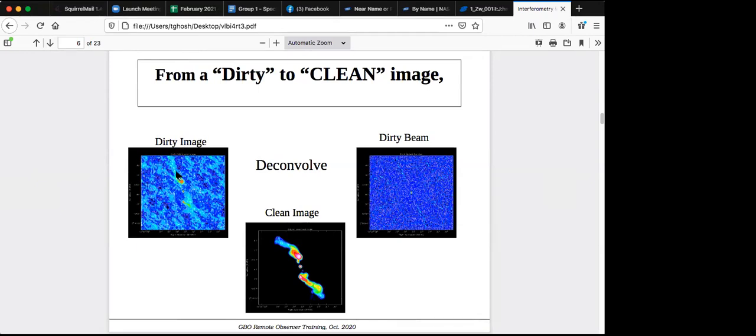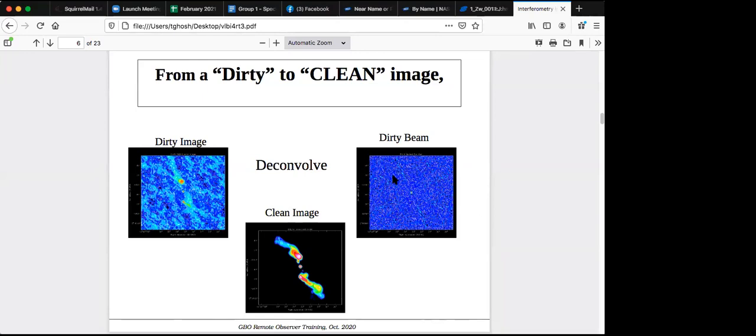Now, people have again researched all of this an awful lot. So you use various deconvolution methods. What is happening here is that there's this perfect image on the sky, and it got convolved with our imperfect beam, because of incomplete UV coverage. It got convolved with a beam that looks like this.